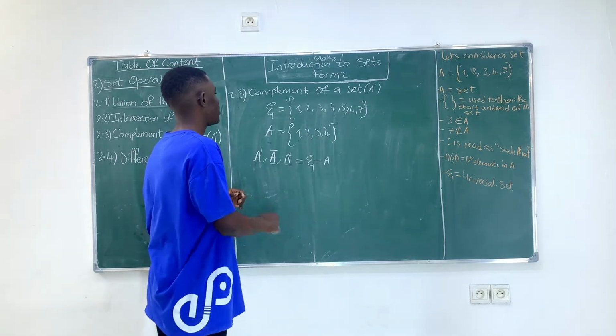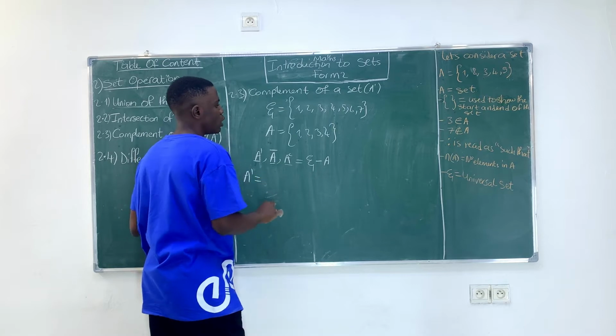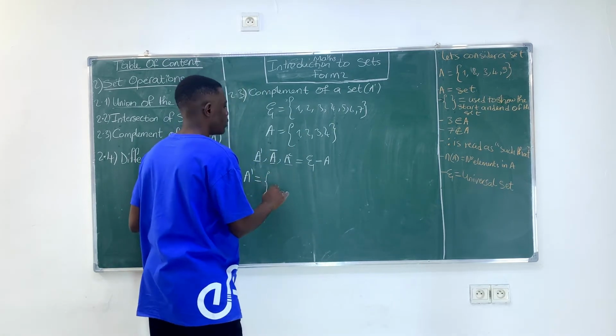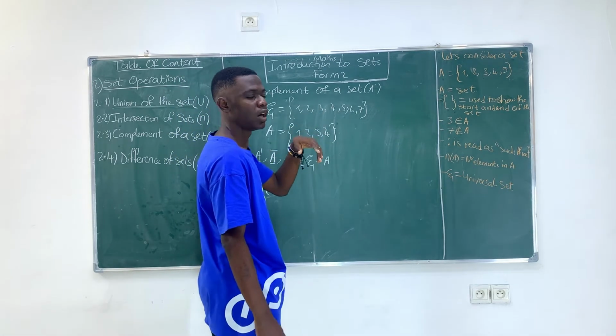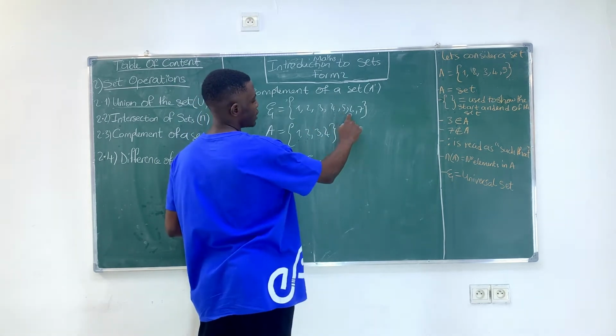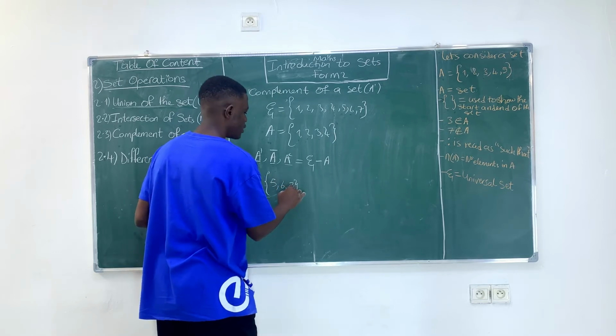For instance, what is the value that is here that is not here? A complement will be equal to, 1 is here and here, so you don't write it. 2 is here and here, 3 is here and here, 4 is here and here, so you don't write it. What is here now that is not here? You have 5, 6, and 7. So right here you have 5, 6, and you have 7.